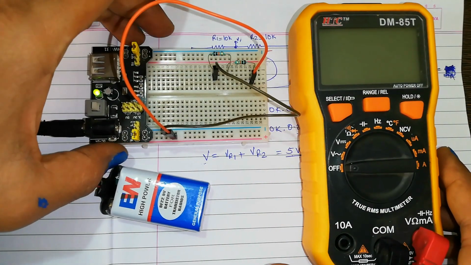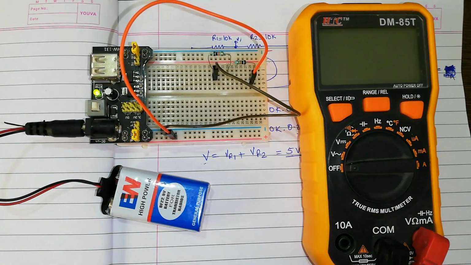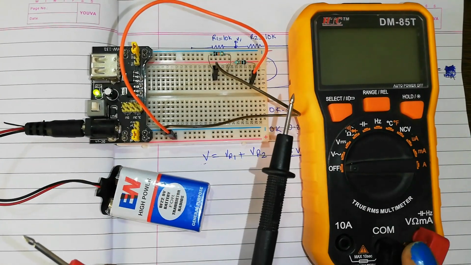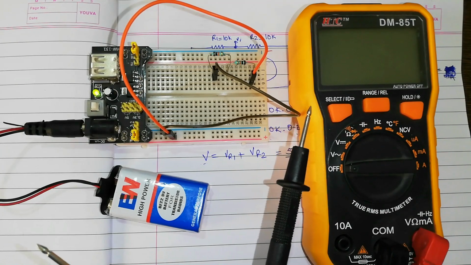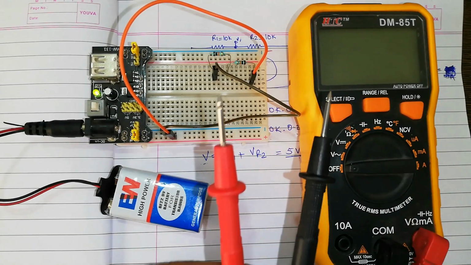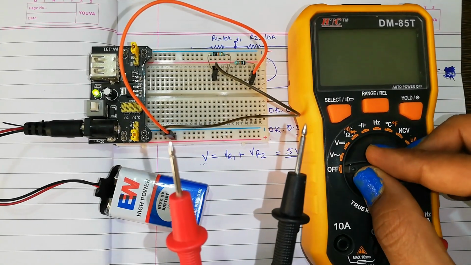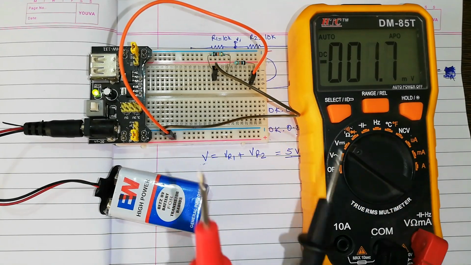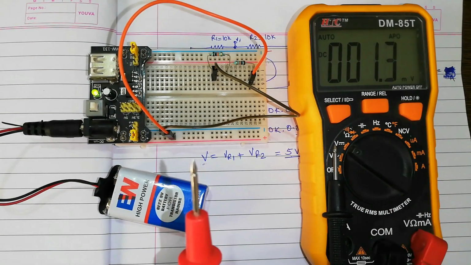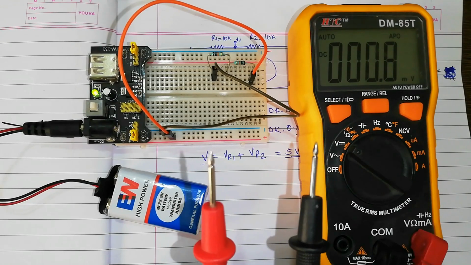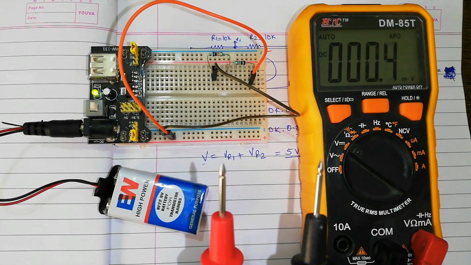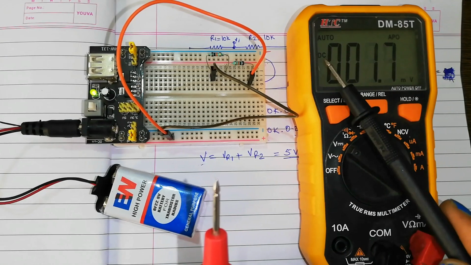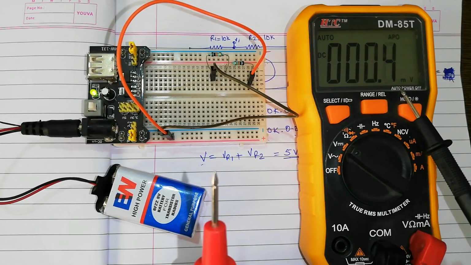I now have this black probe and the red probe connected to the respective terminals on the meter. I am going to measure the DC voltage, so I switch the meter to the DC voltage knob here. You now see I have a setting of DC voltage measurement.